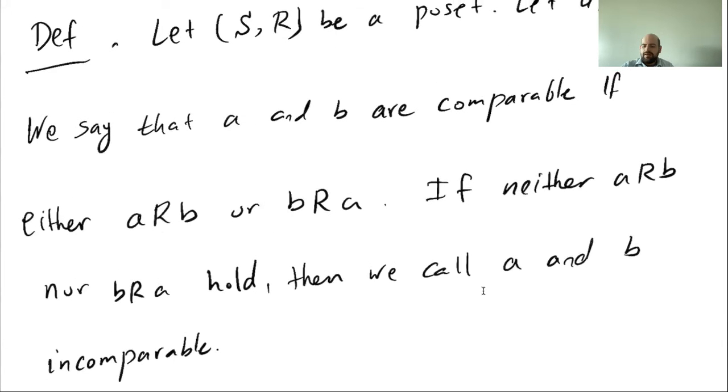Okay, so if either A is in relation with B or B is in relation with A, then we call those elements comparable. And if neither of them holds, then we call A and B incomparable.